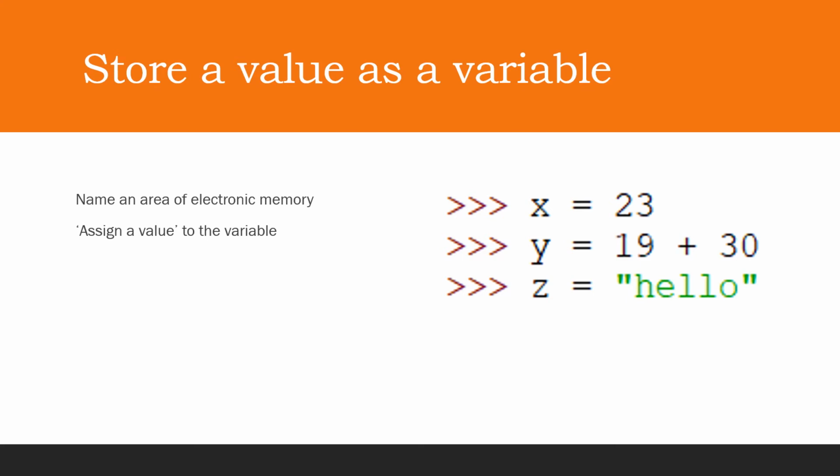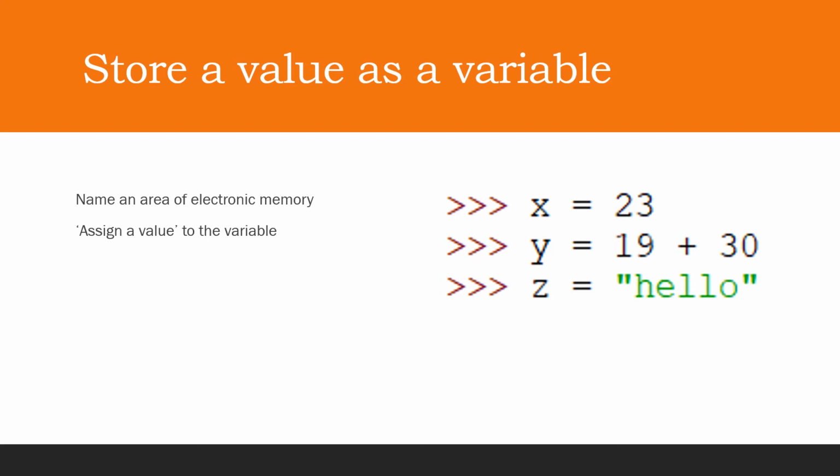So the value 23 is stored in an area of memory, and the computer will give that area of memory the name X. The next one, I've asked the computer to evaluate the expression 19 plus 30 and to store the value in an area of memory called Y. And in the final example, I've given the string hello and stored it in the electronic location with the name Z.